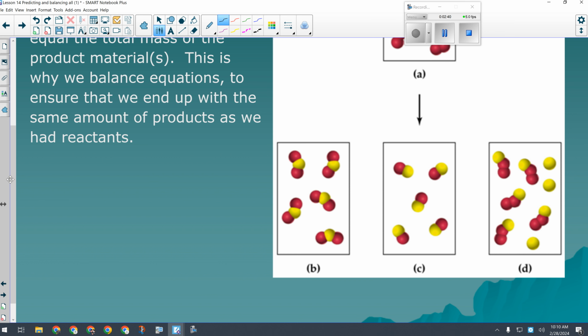On this one though, I've got 2, 4, 6, 8, 10 red ones and 2, 4, 6, 8 yellow ones. Is it okay that some yellow ones are left over? Yeah. In most reactions, we don't usually show this. We only show what reacted. But in a lot of reactions, you're going to end up with a little bit more of one reactant than you needed to complete the whole reaction.